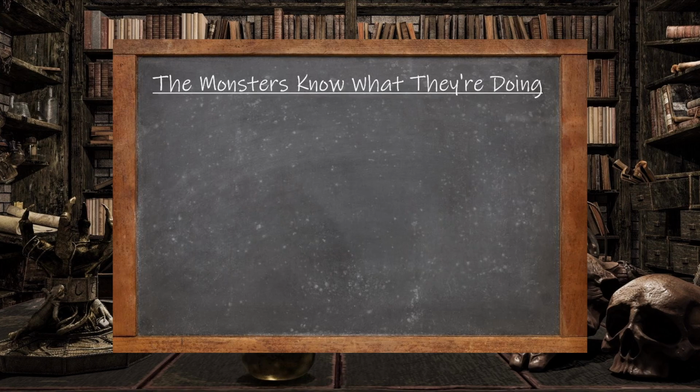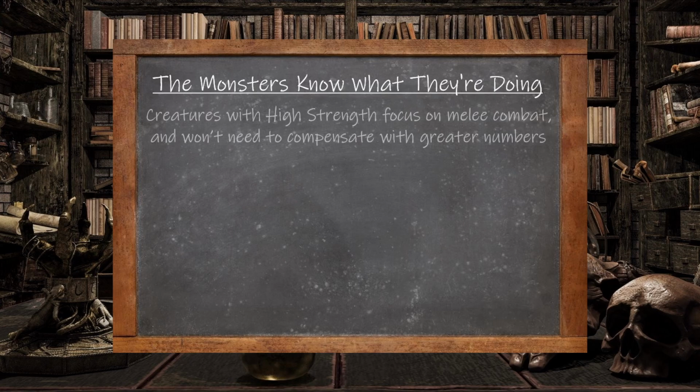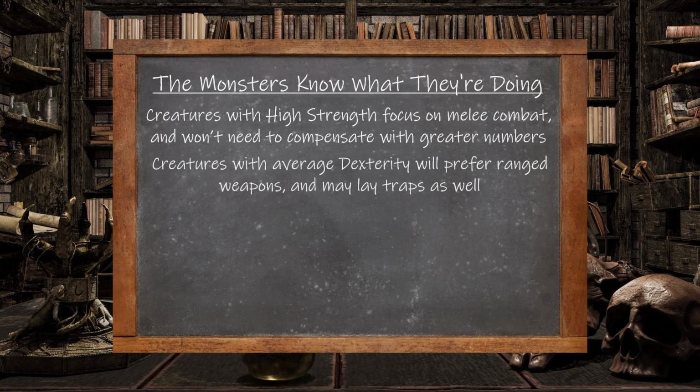Now that we've set up how they think, let's take a look at the Ankheg's physical abilities that influence how they fight. Thinking like Amon, we can assume the following. Creatures with high strength focus on melee combat, and won't need to compensate with greater numbers. As such, they don't need to outnumber an enemy to be willing to take a fight. Creatures with average dexterity will prefer to attack with ranged weapons, and if it's intelligent, the creature may lay traps as well.